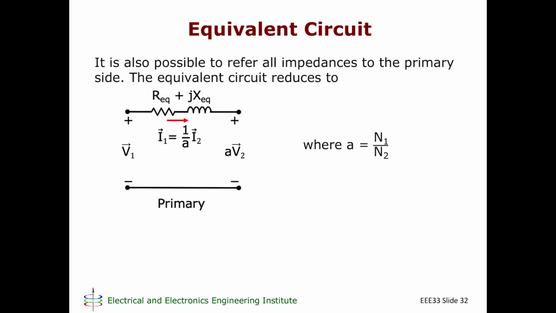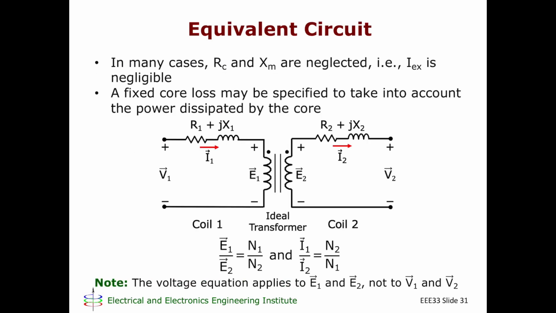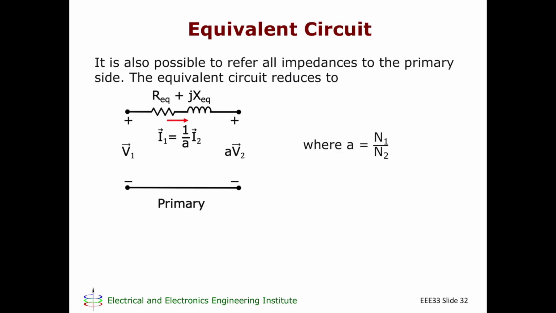It is possible to refer all impedances to the primary side of the transformer. In other words, we can refer this impedance and this voltage to the primary. And this is the equivalent circuit now which we're going to get. So what is our equivalent?